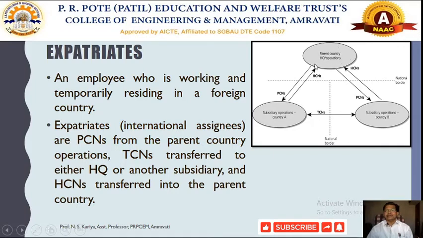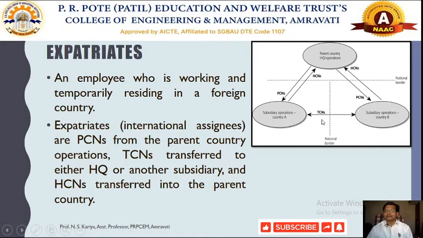Either they will be transferred to any other subsidiary, which is called PCN, parent country national. They are being transferred from the parent country to another country, say for example country A and country B, which we are taking.